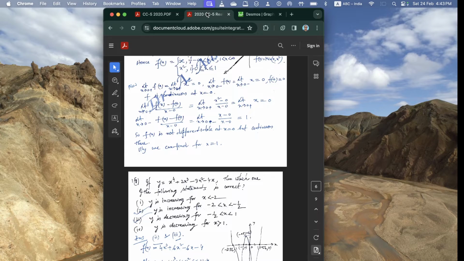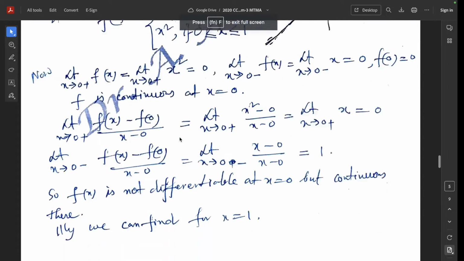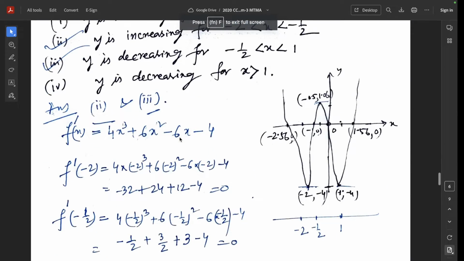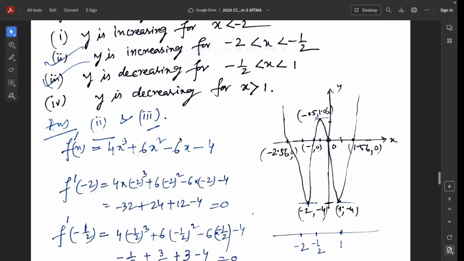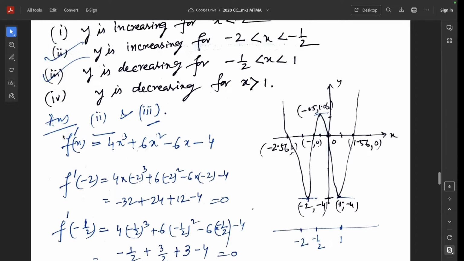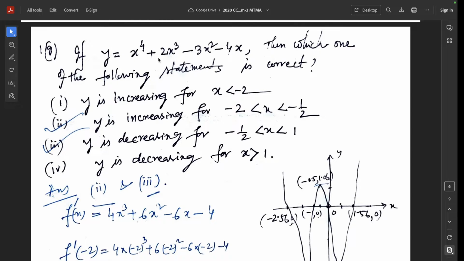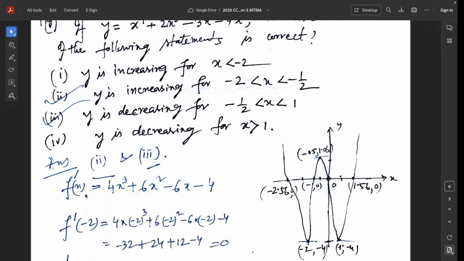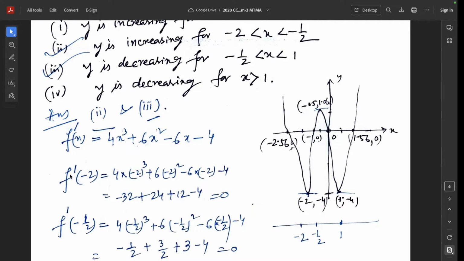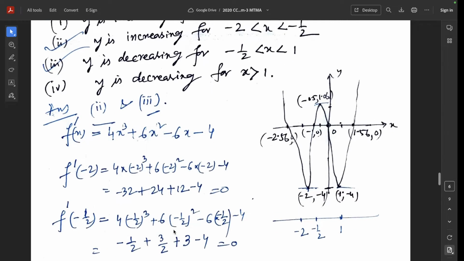Now we find this function, say f(x) equal to x to the power 4 plus 2x cube minus 3x square minus 4x. Find f dash x, and f dash of minus 2, f dash of minus half, and f dash of 1.